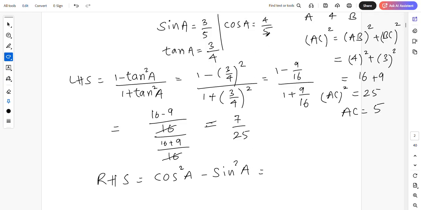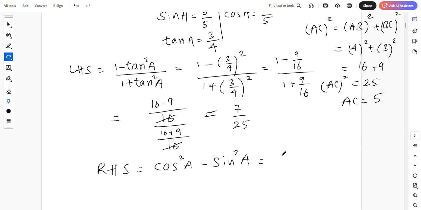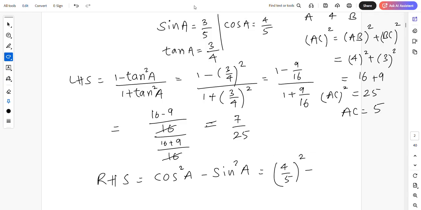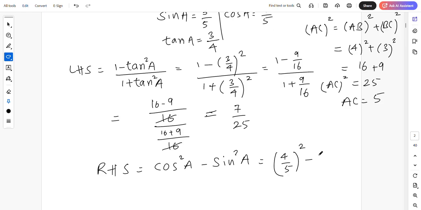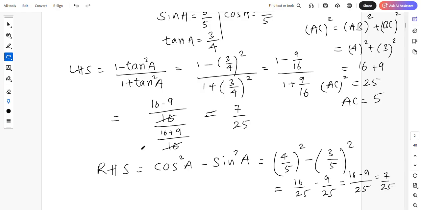Cos A is 4 by 5, the whole square, minus sin A, which is 3 by 5, the whole square. That is equal to 16 by 25 minus 9 by 25. You can take 25 as LCM here. 16 minus 9, that is 7 by 25 again.